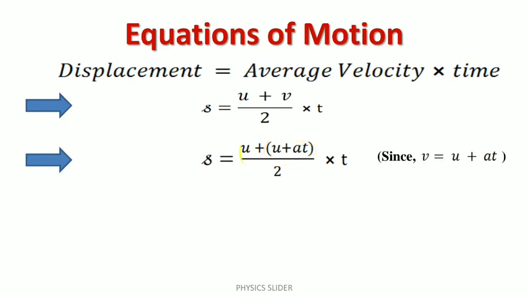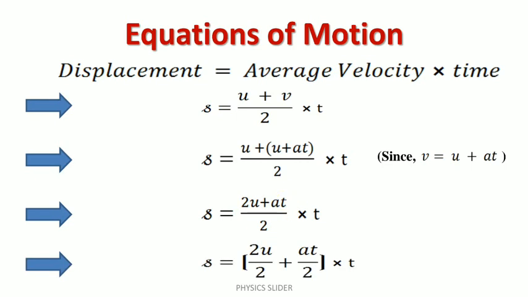Now watch here, this u and this u sum up to give 2u. So this becomes 2u plus at upon 2 into t. Now we need to separate these two terms, 2u upon 2 plus at upon 2, within a bracket, and t is outside.